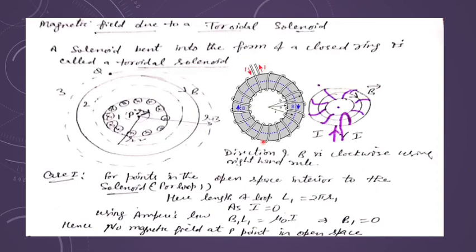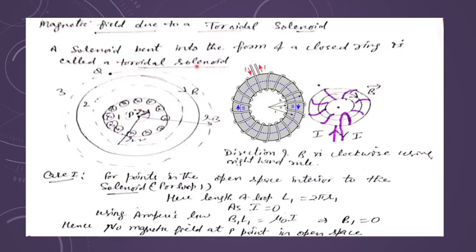And direction, of course, you can find by using your right hand rule; direction is very important. For the first case we take the points in the open space in the interior. So we have considered the Amperian loops: first loop, second loop and third loop.